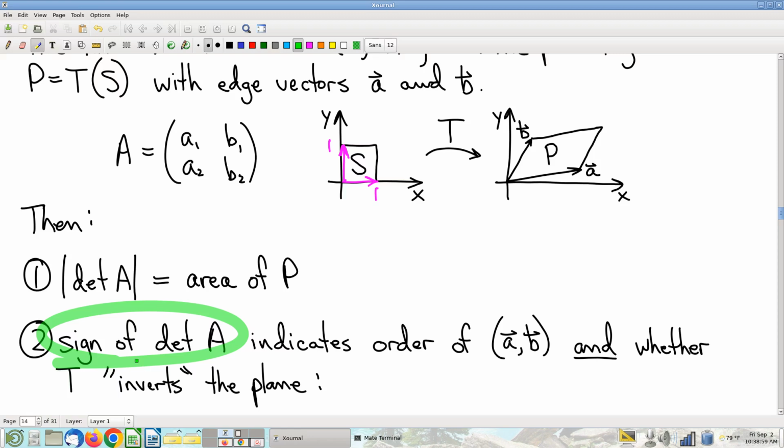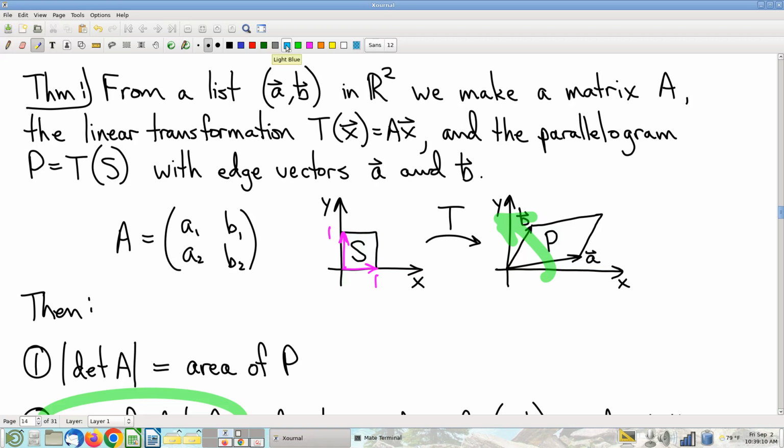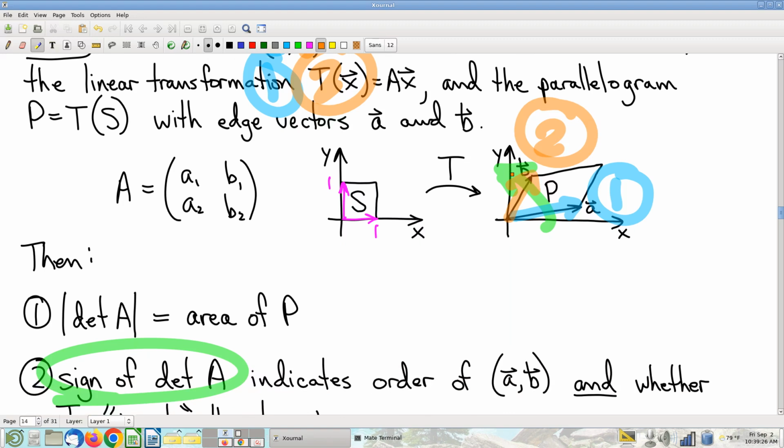But the punchline is, the sign of the determinant tells you whether that list, and don't forget, the order matters, notice A is listed first, so that direction is first, and B is listed second, so that direction is second, is clockwise or counterclockwise. Specifically, you can see the way I have these vectors drawn in the picture here.